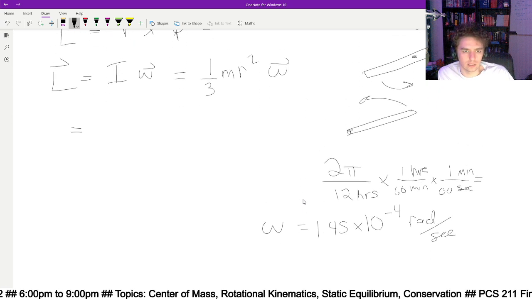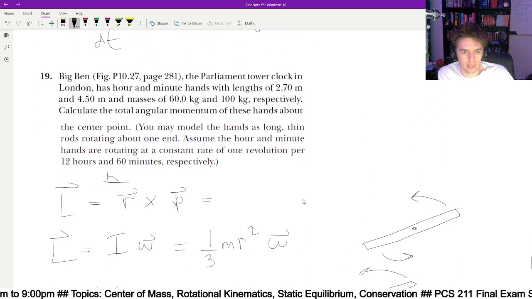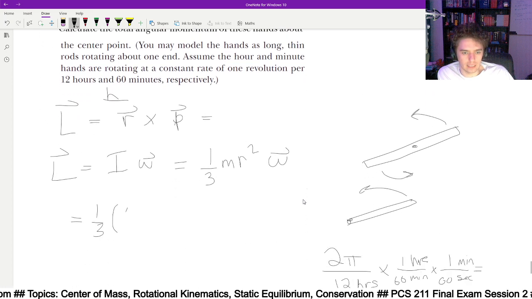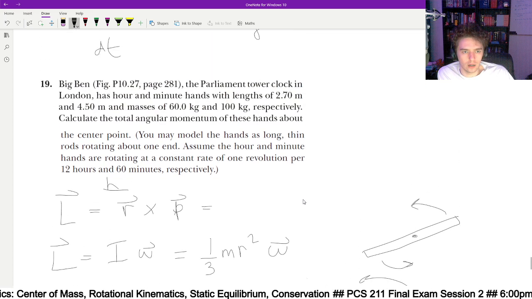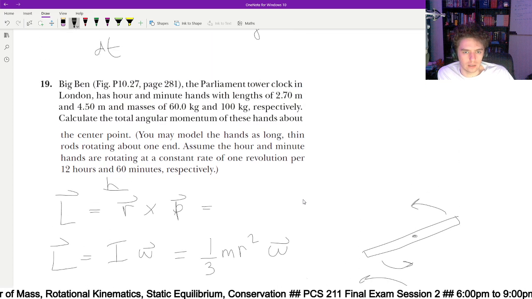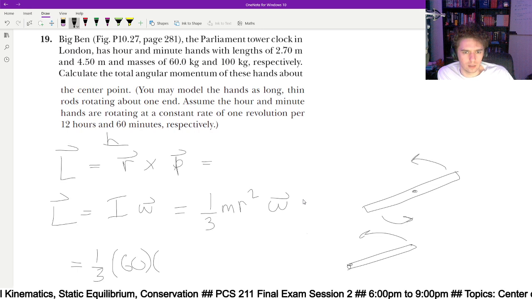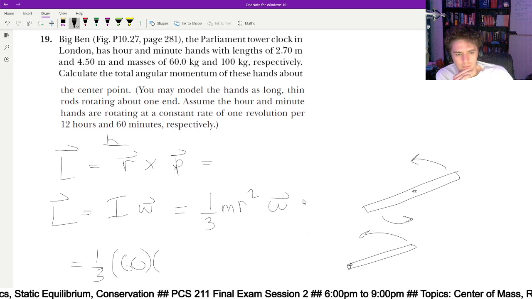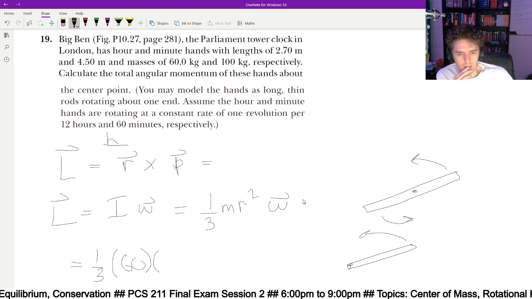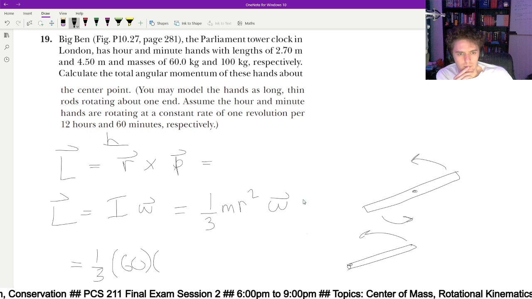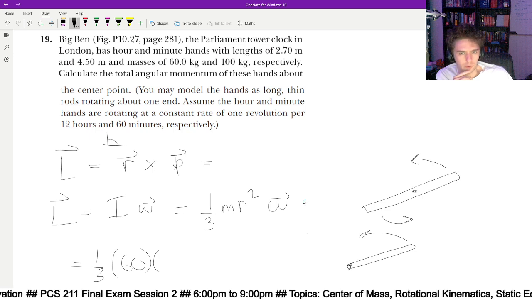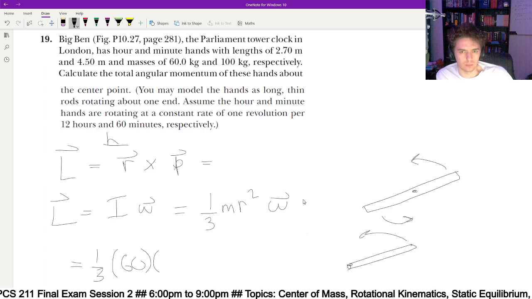So this is 1/3, m we said for the hour hand is 60. R is the length of the whole thing, the length of the rod.